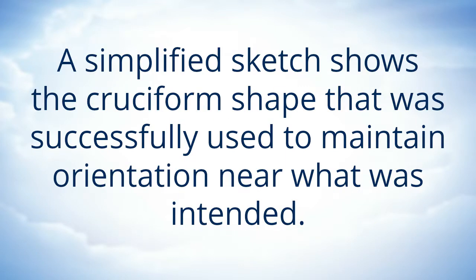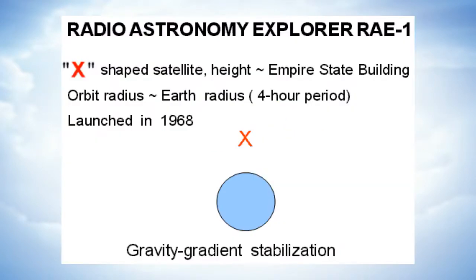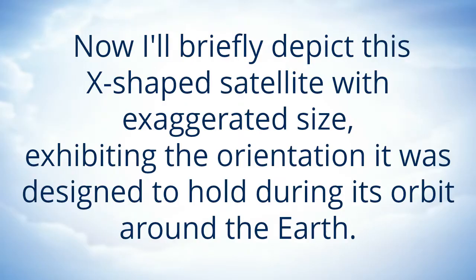A simplified sketch shows the cruciform shape that was successfully used to maintain orientation near what was intended. There it is. Now I'll briefly depict this X-shaped satellite with exaggerated size, exhibiting the orientation it was designed to hold during its orbit around the Earth.